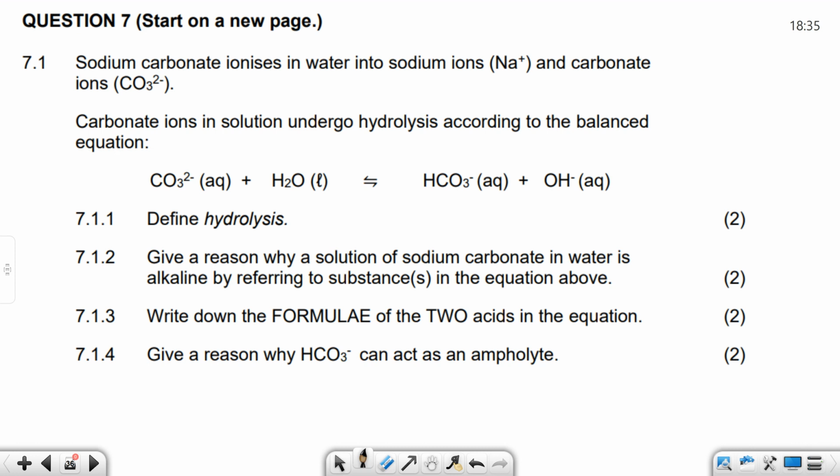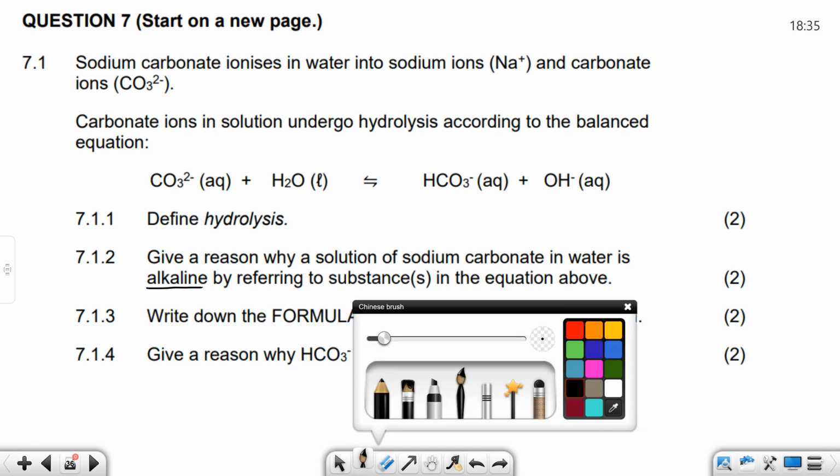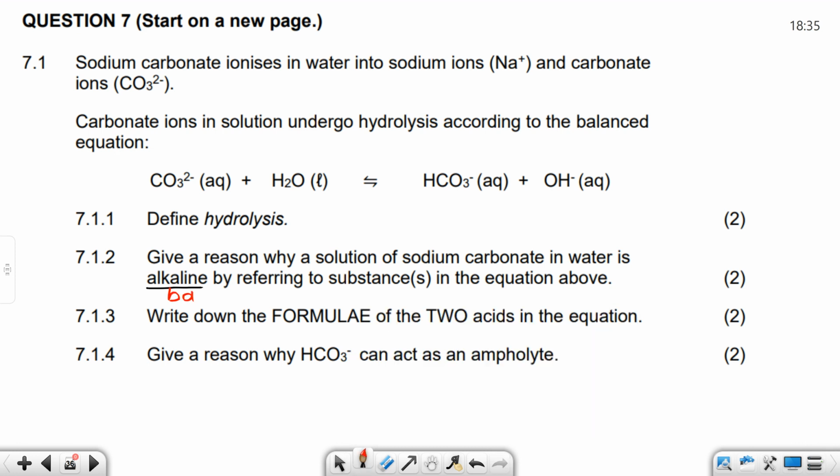Give a reason why the solution of bicarbonate in water is alkaline. Alkaline means a base. Why do you think it's a base? They said by referring to the substances in the equation.